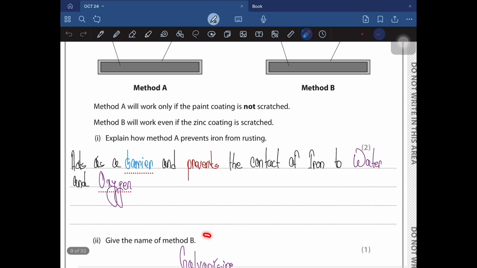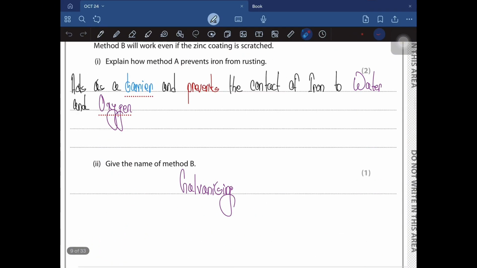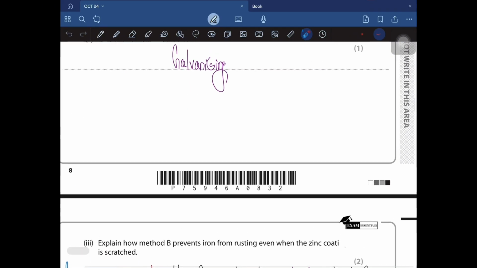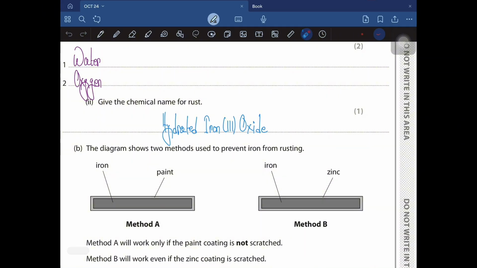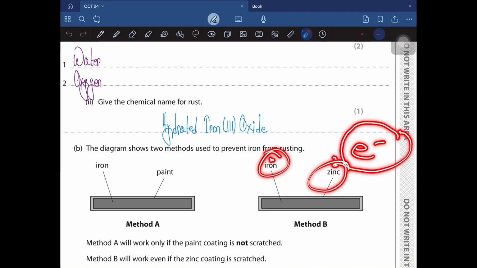Moving on to the next part, give the name of method B. As I said, galvanizing or galvanization. Explain how method B prevents iron from rusting even when the zinc coating is scratched. So basically, zinc is a more reactive metal than iron, and more reactive metals have a tendency to lose electrons. The loss of electrons is what we refer to as oxidation.